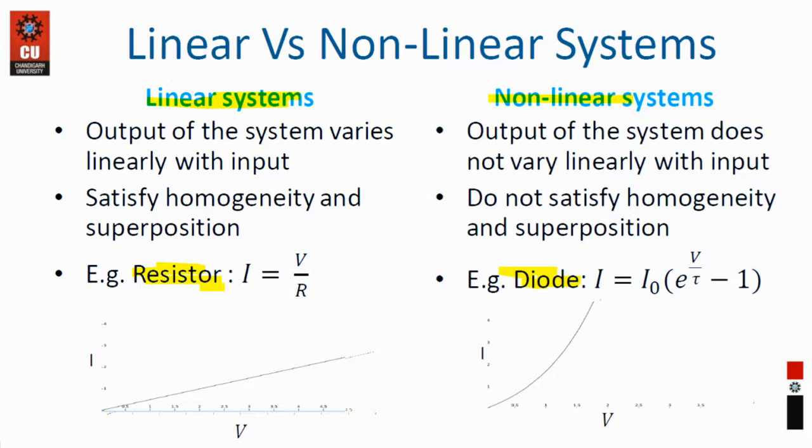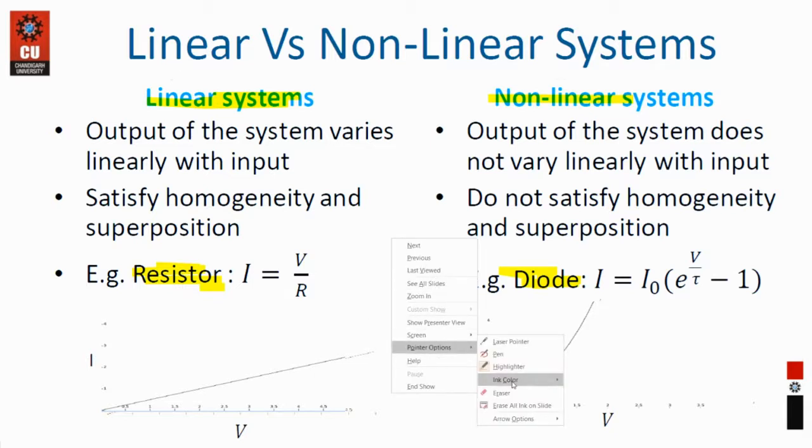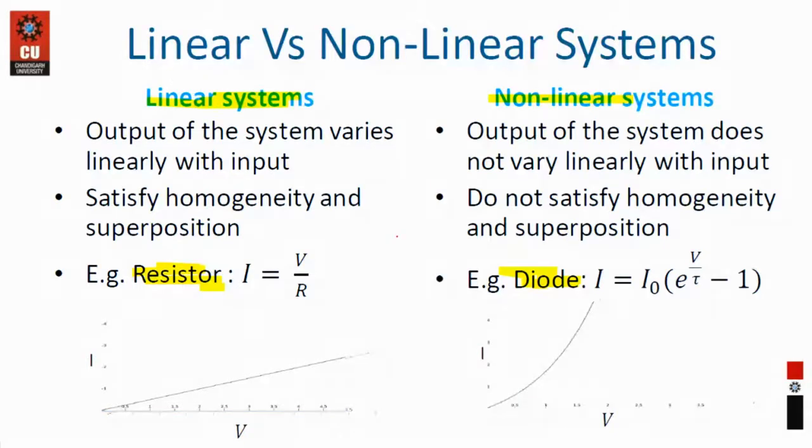We can model the system with the help of experiment or with the help of some mathematics. If I know Ohm's law, according to Ohm's law, I can simply write V is equal to IR, and I can measure my current. If I increase my voltage to twice, my current will also be twice.